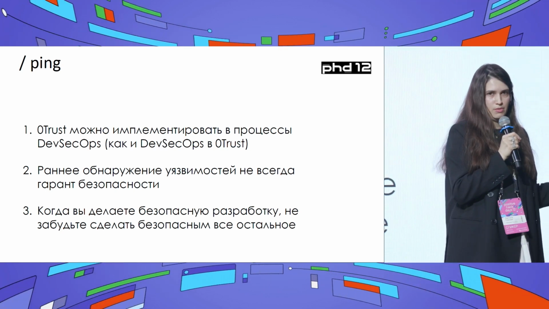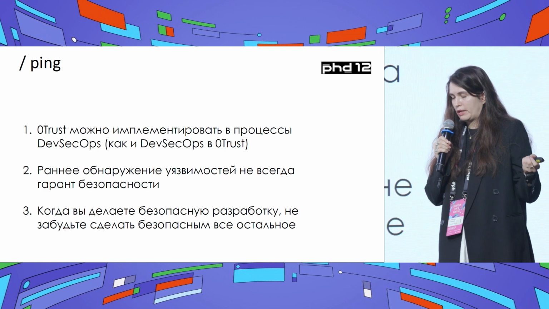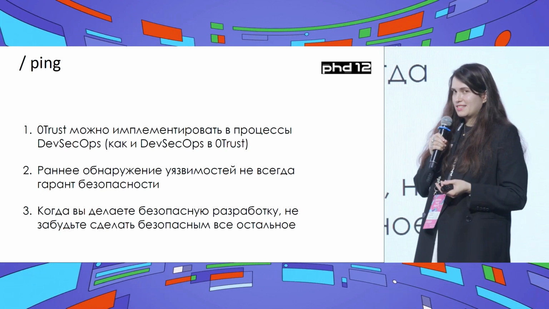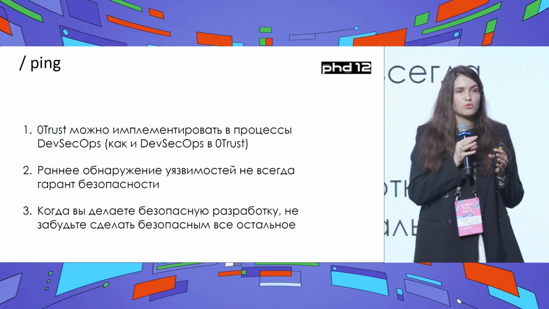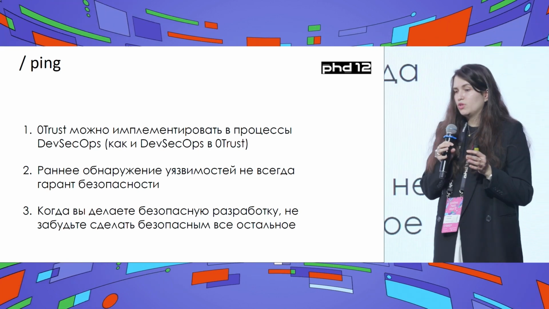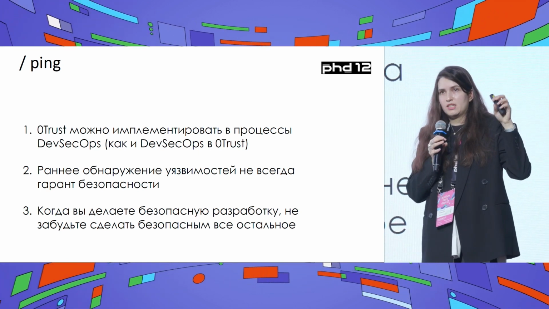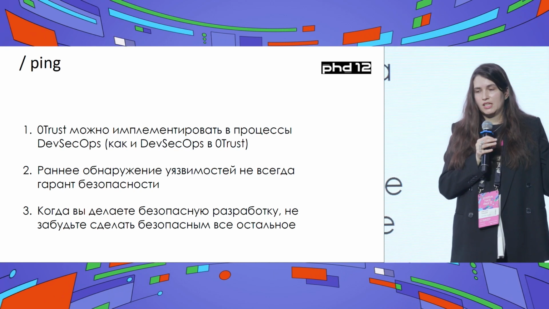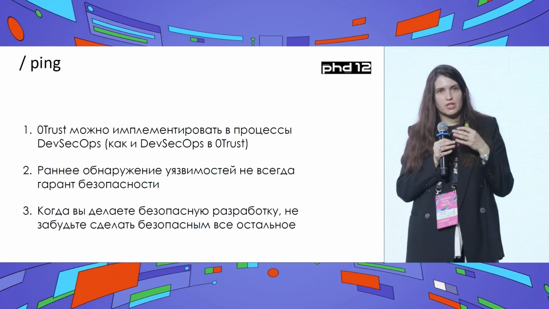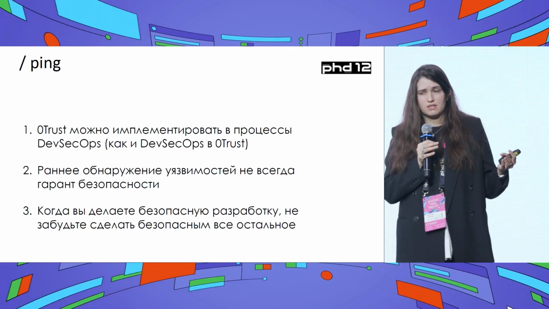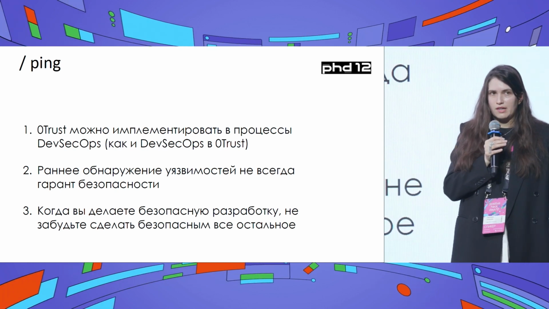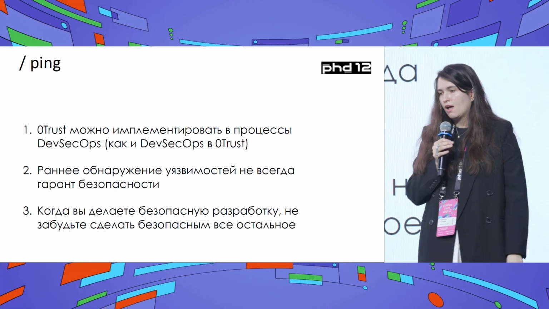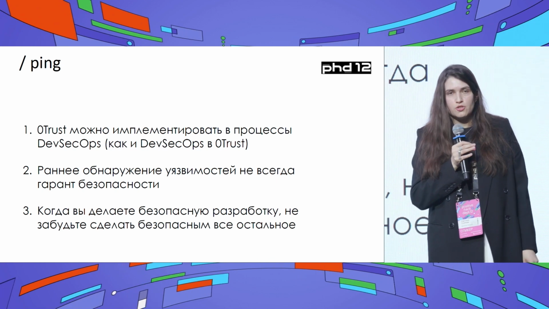And DevSecOps can also be easily implemented in Zero Trust. It's part of Zero Trust. DevSecOps is also built by the people who build processes. Of course, you can get good ideas from Zero Trust and bring them into DevSecOps. Yes, it can be done easily. You can improve your DevSecOps as a result.